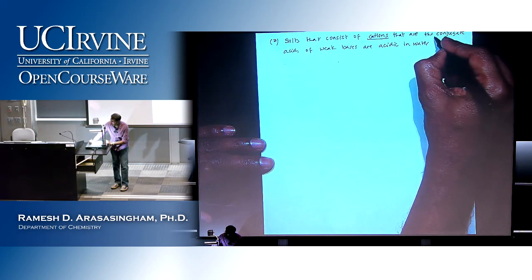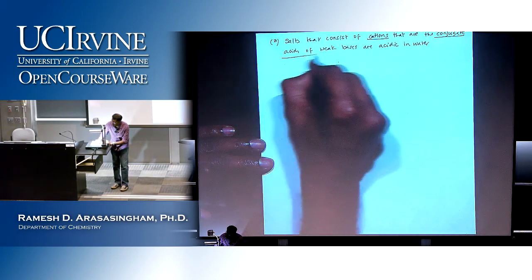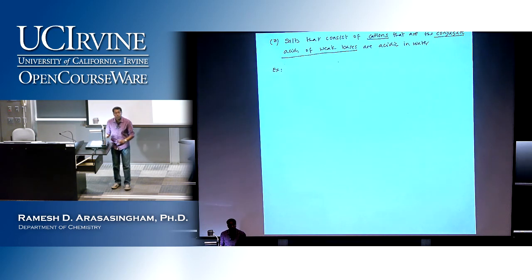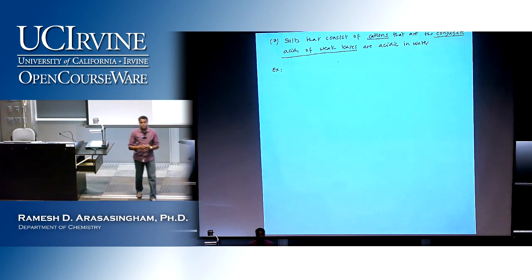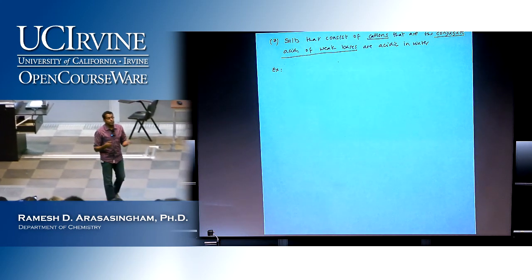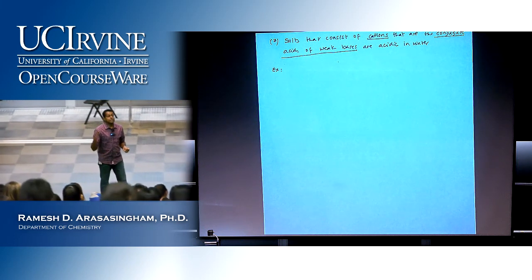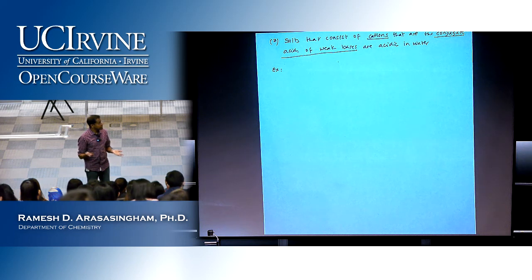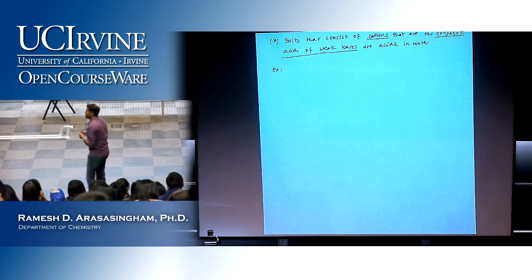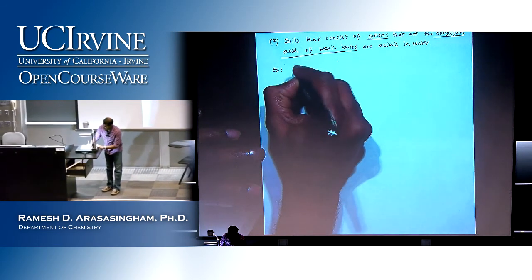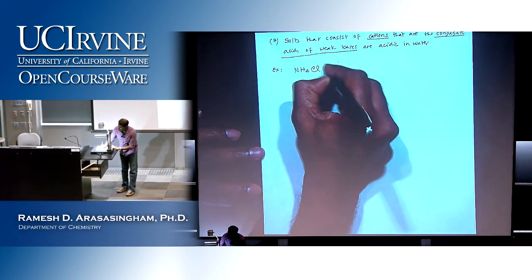And when you look at cations, you're looking at the conjugate acid of a weak base. Can you give me an example of a weak base? Ammonia. All right? So ammonia is a weak base. What is the conjugate acid of that weak base? NH4 plus. All right? So if you take NH4 plus in water, now that's going to act as a weak acid. So an example would be NH4Cl.